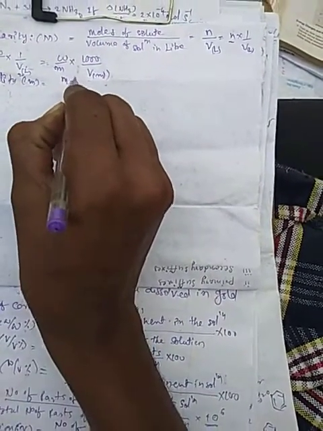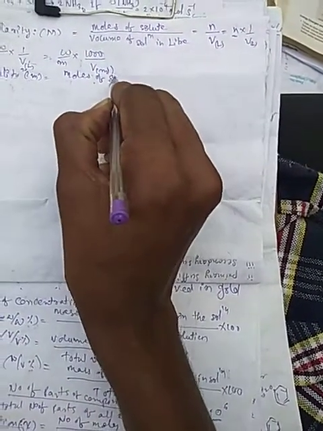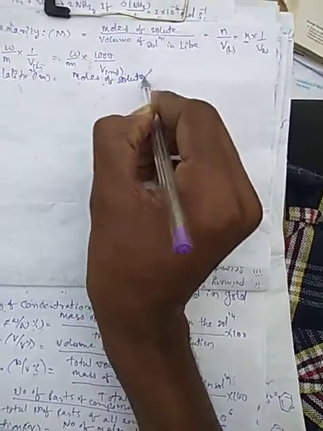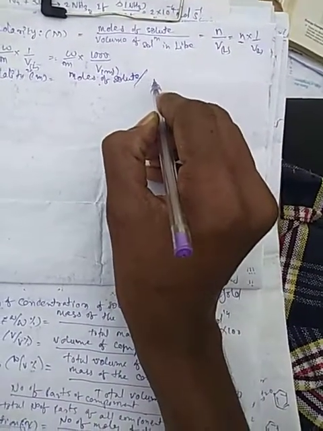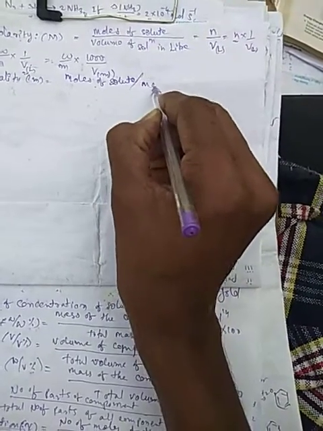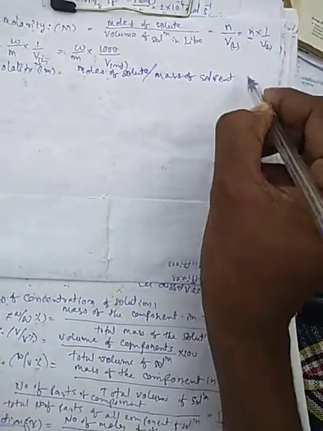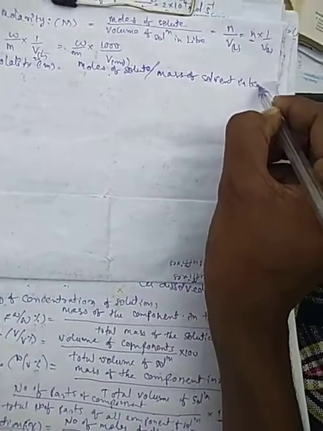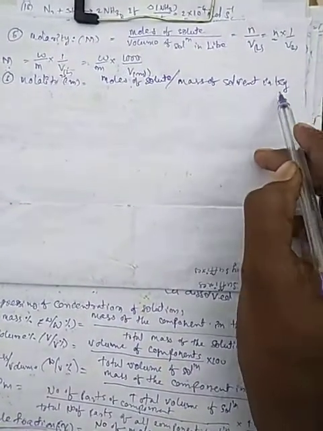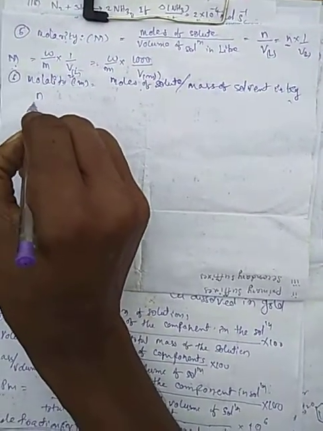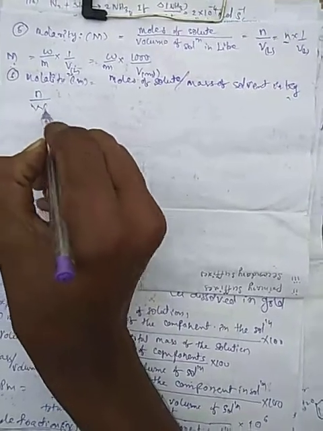We can write it as the number of moles of solute dissolved in the mass of solvent in kg. The number of moles we know is n, and W_A is the weight of solvent in kg.